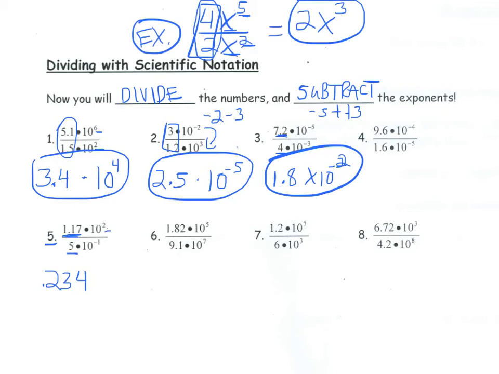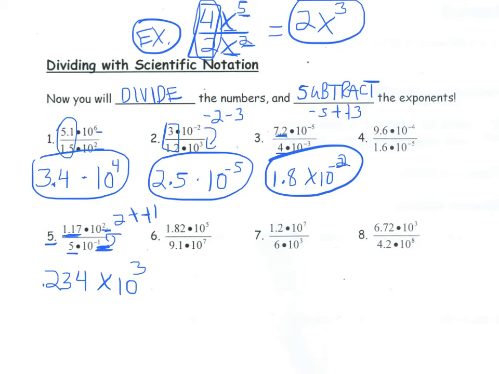And then I subtract the exponents, so I'm going to have 2 minus negative 1. Well, that becomes 2 plus 1, so the exponent's 3. So this is times 10 to the third power. And that kind of makes sense because if you made this negative 1 positive, you move it to the top, and it winds up becoming 10 cubed.